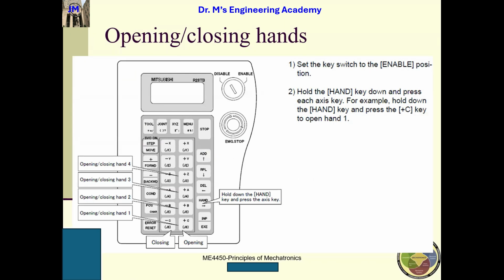So how to open the hand? For our case, we only have one hand. For highly sophisticated industrial robots, they might have multiple hands, but for our case, we only have hand one. So open hand, close hand, and you must specify the hand number.